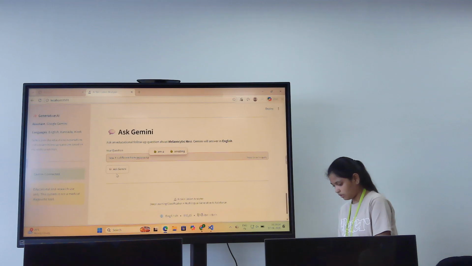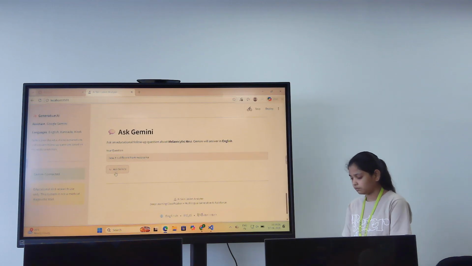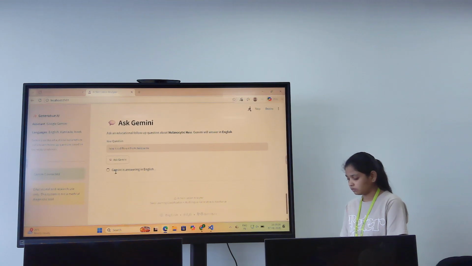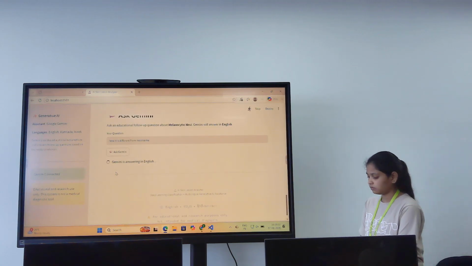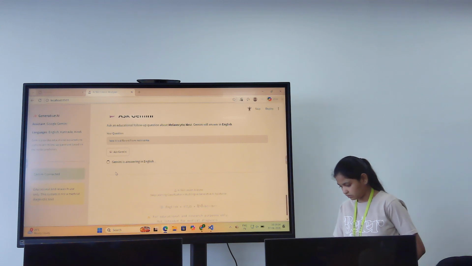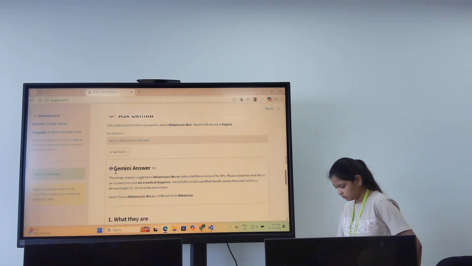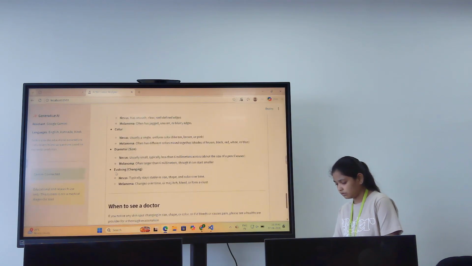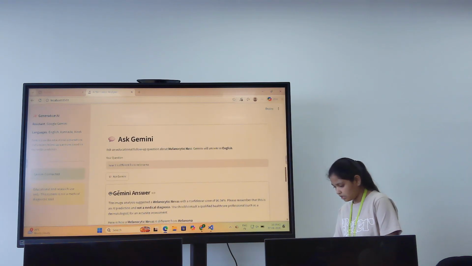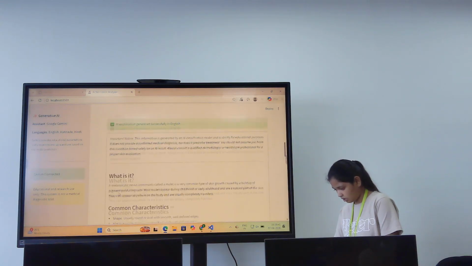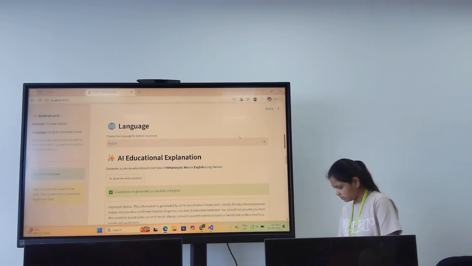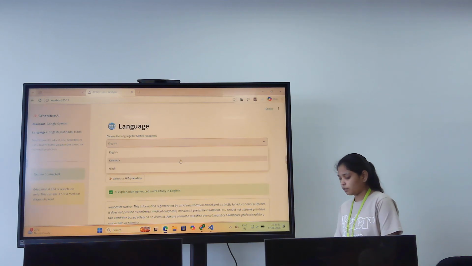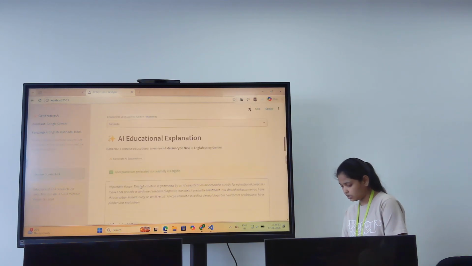Melanoma is also one of the diseases. Here it gives the answer. If we switch the language, Gemini gives the information in Kannada. Now it gives it in Kannada.